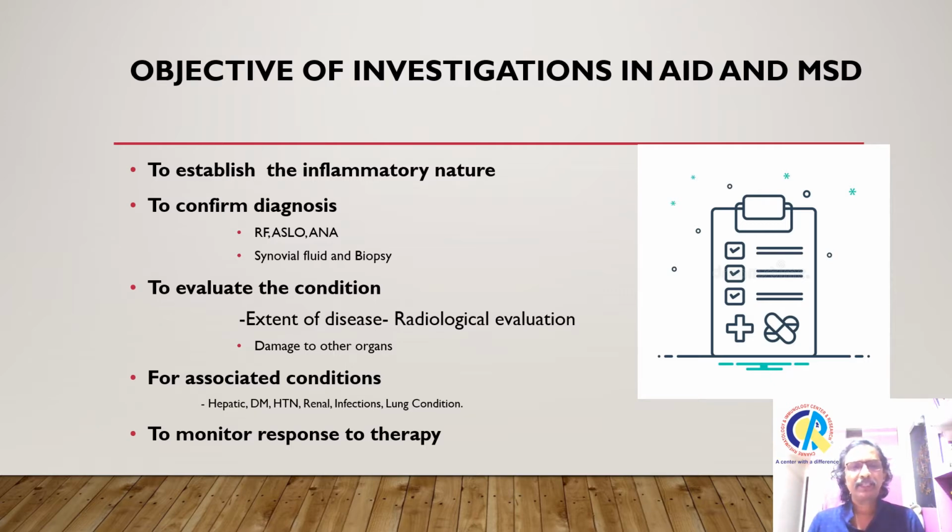The fourth objective is to figure out if there is any other associated condition like liver disease, diabetes, hypertension, kidney disease, presence of infection or lung conditions, and also to do certain other tests which could help us monitor the response to therapy as well as the progress of the disease.